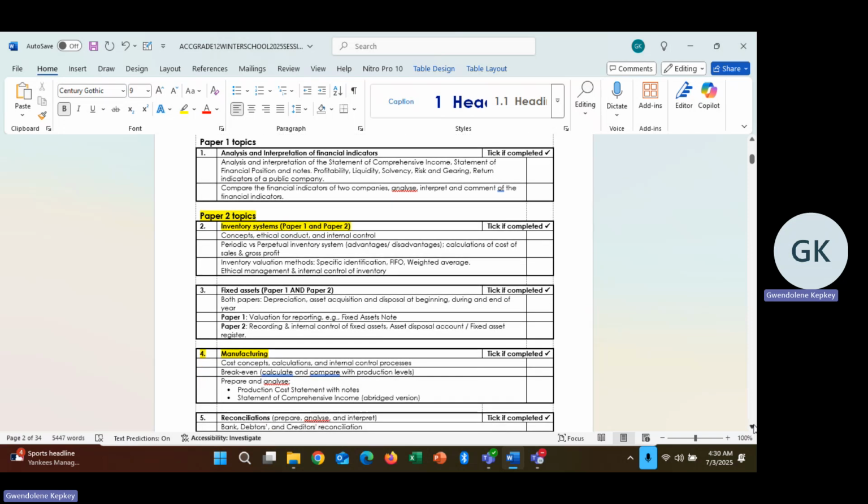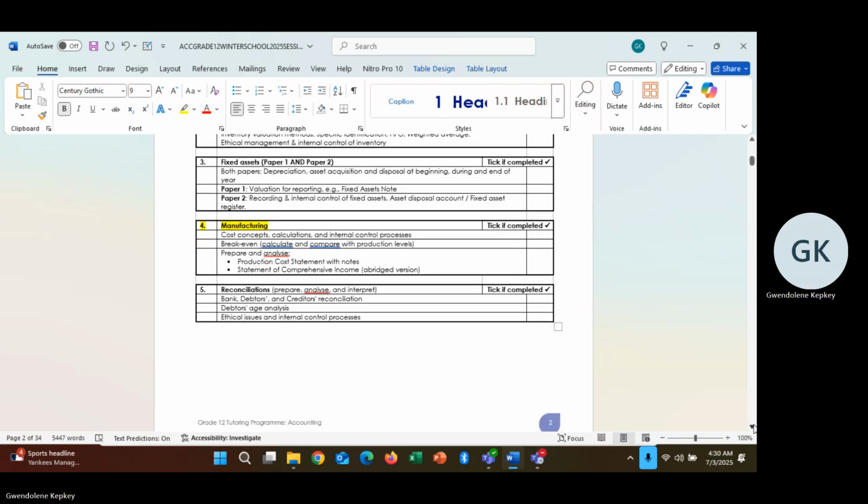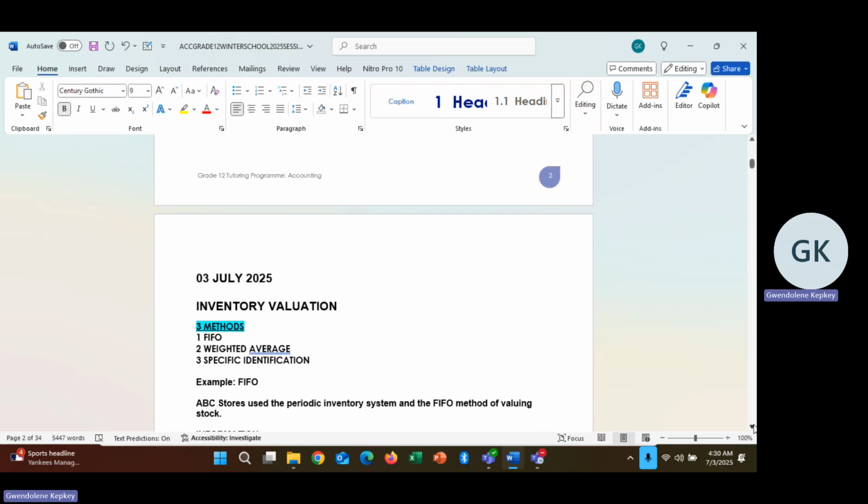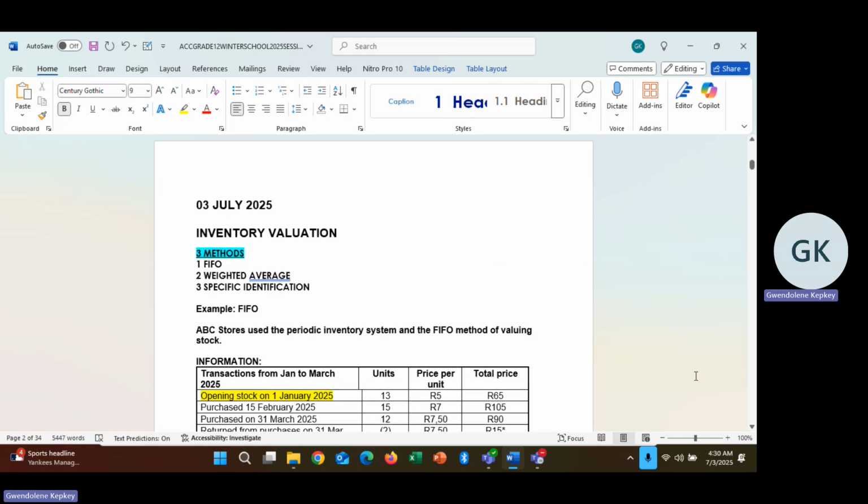So let's move straight onto inventory valuation. That is our topic for today. Now let me put this into perspective. Inventory valuation happens after we have traded for a specific financial period.